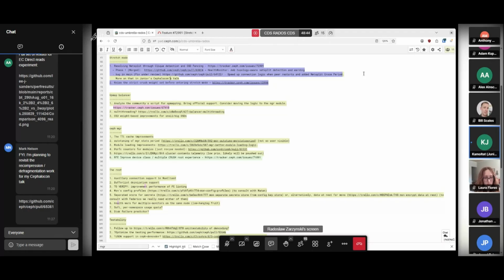They could not enter stretch mode because of that strict restriction. Therefore, I've talked to some of the Rook developers about this, and we agreed to relax the check and move to health warnings instead. So yeah, those are two things that I plan on tackling for Umbrella.